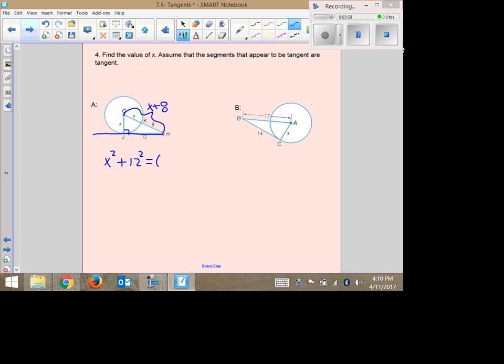So we need that to equal x plus 8 squared. So we get x squared plus 144 equals x squared plus 16x plus 64. Cancel out our x squareds. Subtract 64 over, we get 80 equals 16x. So we get x to be 5.